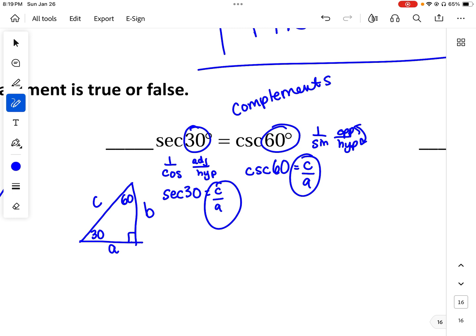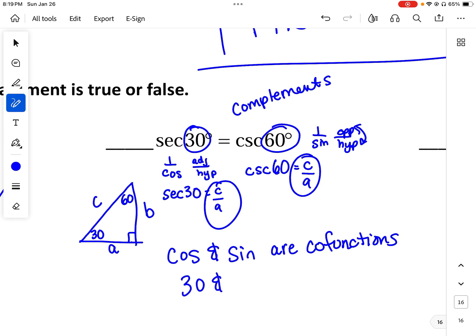So the deal is here, they are called co-functions. Remember that? Sine and cosine are co-functions. And then the other thing is 30 and 60 are complements. So if both of these things are true, then they will be equal to each other. And we can actually show that in the calculator.